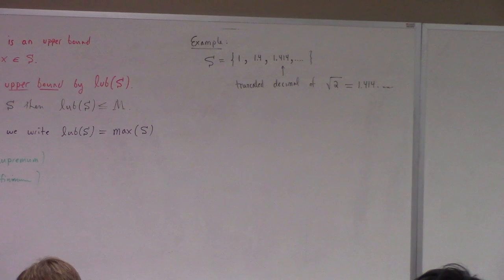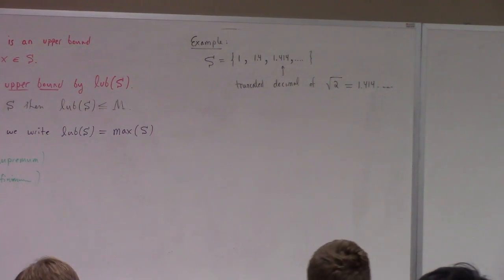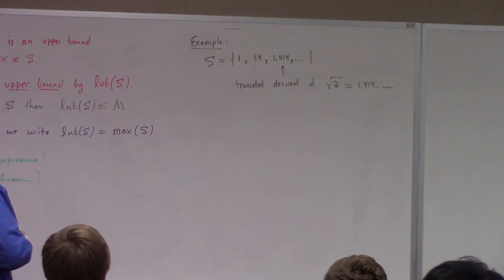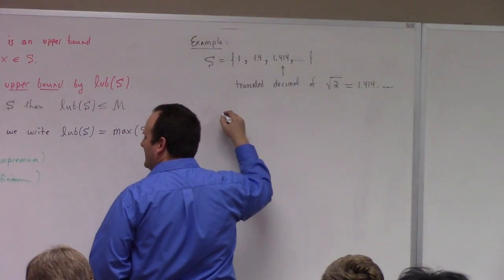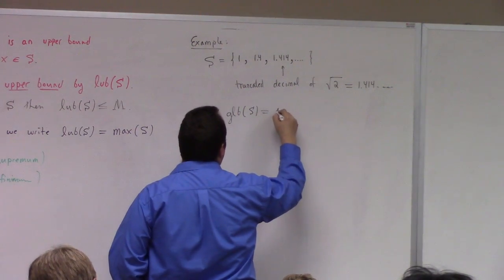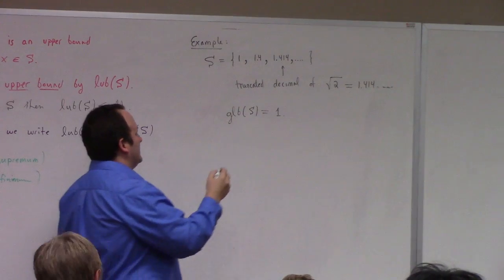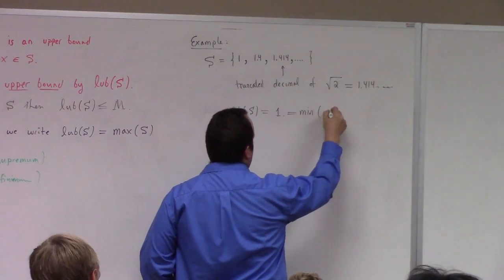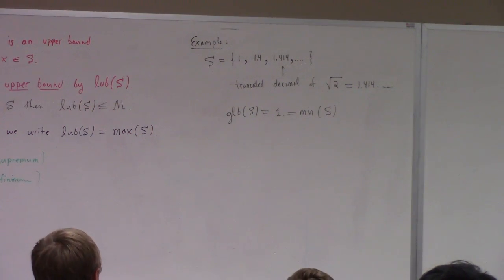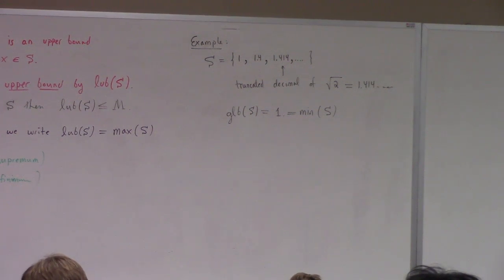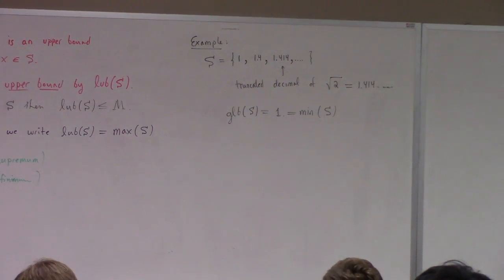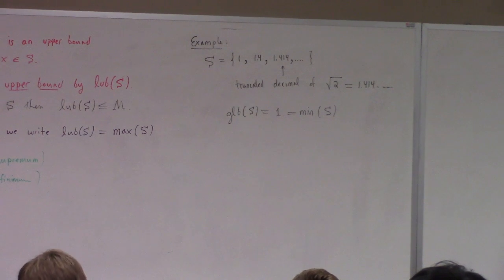So, this set. Can you tell me the least upper bound and greatest lower bound? I'll do the easy part. The greatest lower bound of this set S I just invented is 1. That's also equal to the minimum of S. How about the other one?